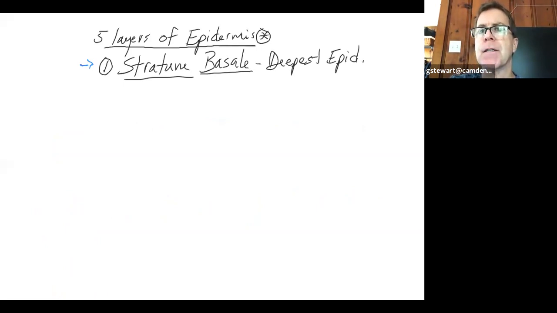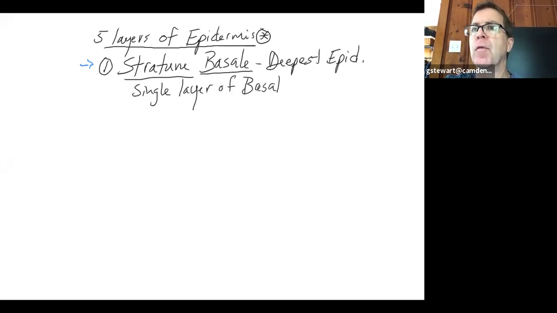If this is a single row, so it's a single 1-cell layer thick of basal stem cells and melanocytes.